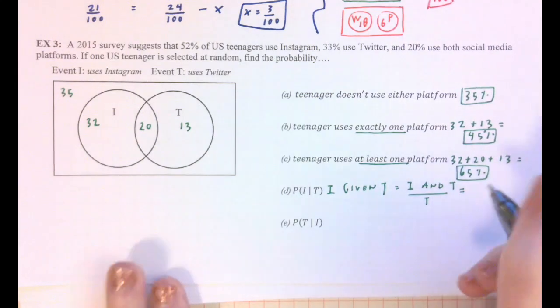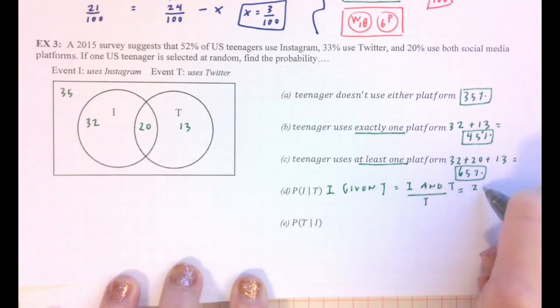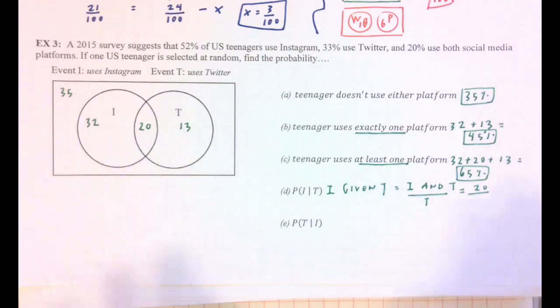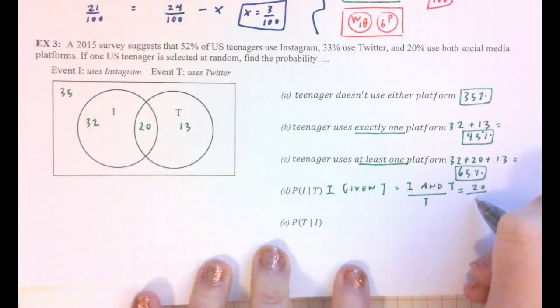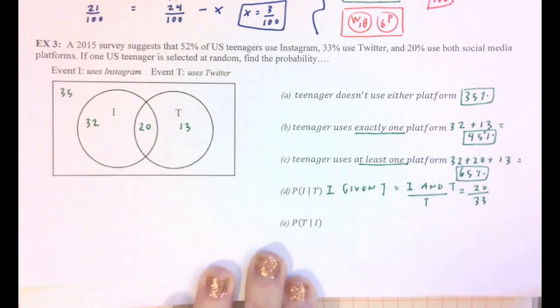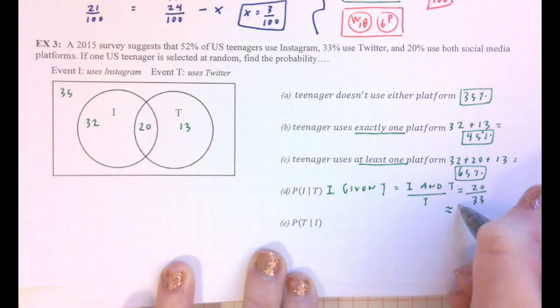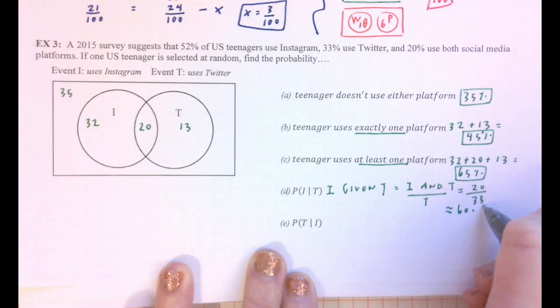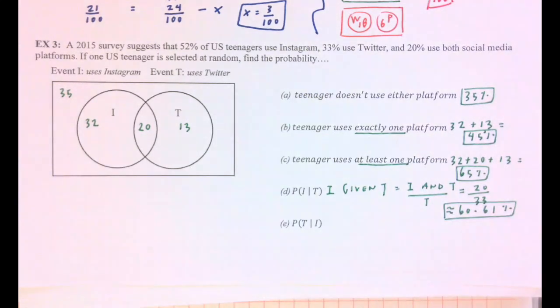So here I'm looking at, right, the overlap, the 20, divided by all of those who use Twitter. So that would be the 33%. Okay, that's what it looks like as a decimal. If I type that in, make it a percentage, I'd say 60.61%. So decimals I like to 4 spots, but percents I like to 2.